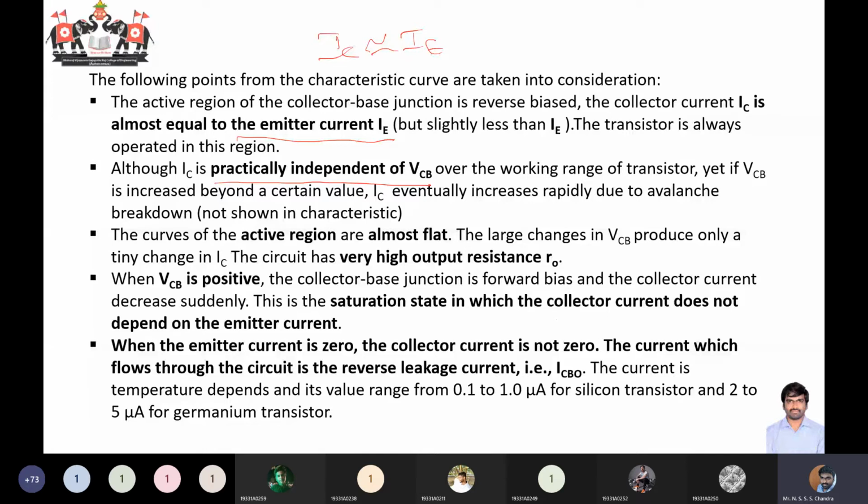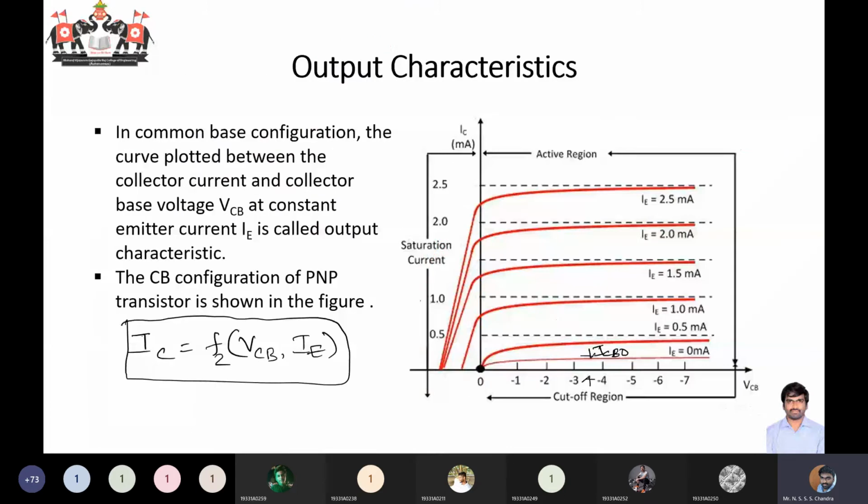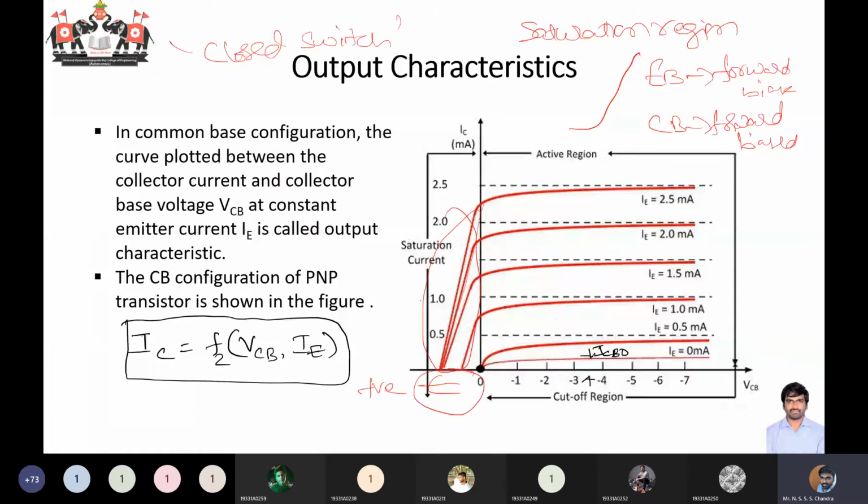But if you keep increasing the voltage VCB, say till this region your IC is independent of VCB and your graph is almost flat, but you further increase the voltage, then the graph will extend like this. What happens when you increase the reverse voltage of a diode? It breaks down.